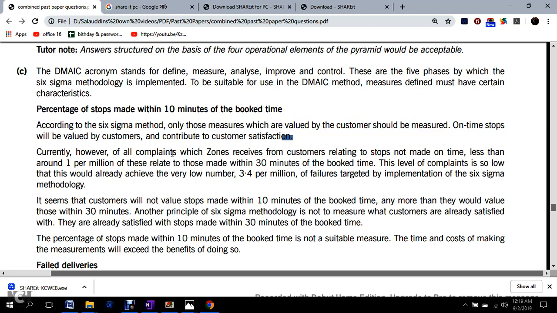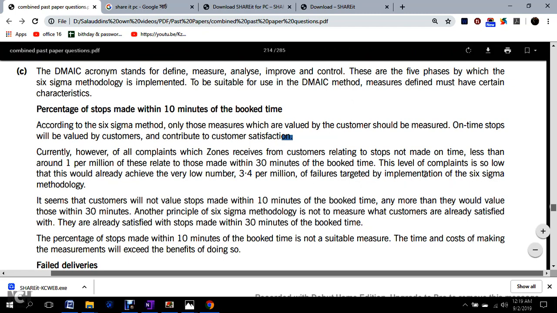Currently, however, of all complaints which the company received from customers relating to stops not made on time, less than around 1 per million relate to those made within 30 minutes of the book time. This level of complaints is so low. We cannot be perfect, right? 3.4 per million failures is the target by implementation of the Six Sigma methodology.